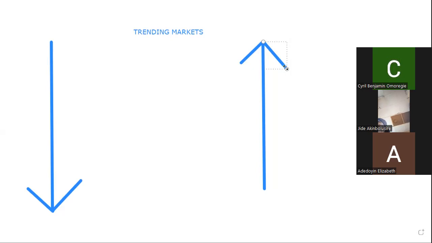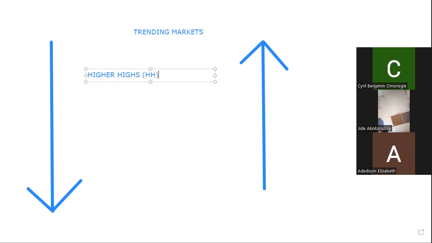Write this note. An uptrend is different from a downtrend because it keeps creating a series of higher highs. It keeps going higher, so higher highs.